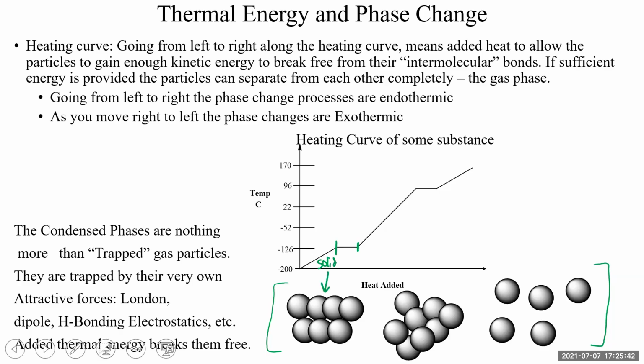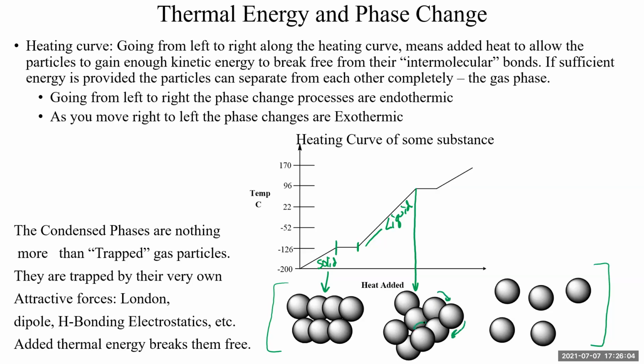In the solid, the particles are stacked on top of each other in that close-packed sort of crystalline arrangement. In the liquid phase, there's no more organization. So we have the liquid phase from here to here.